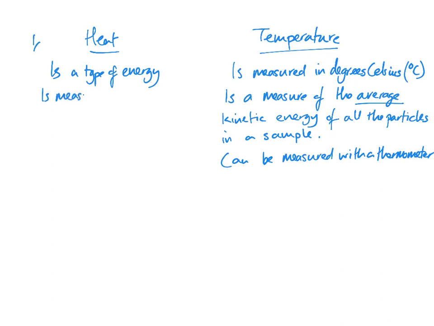Heat is measured in joules. That's the unit, usually abbreviated as capital J. And what it means then is a measure of the total. So that's a slight difference between these two.